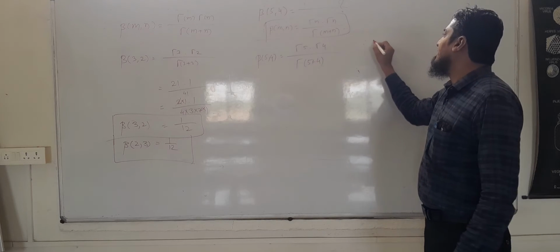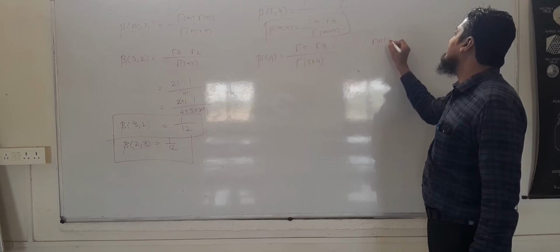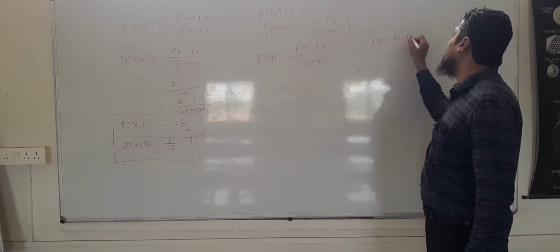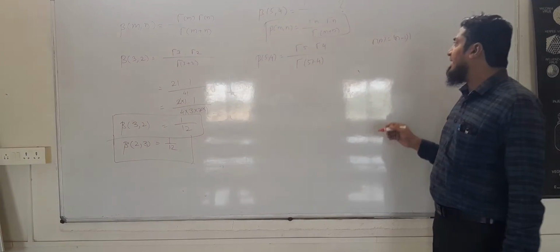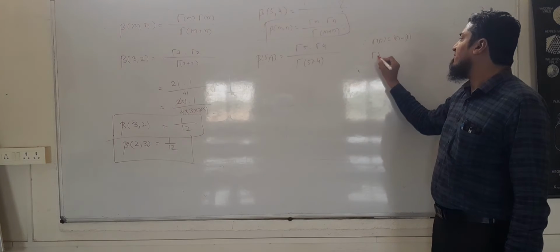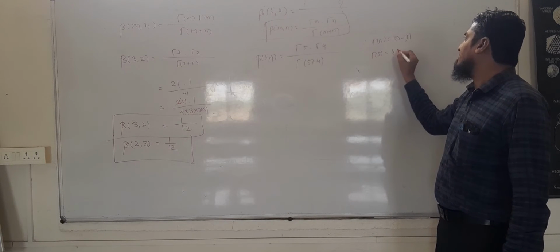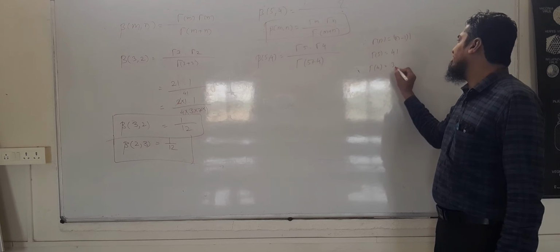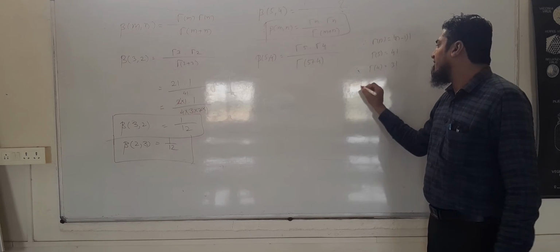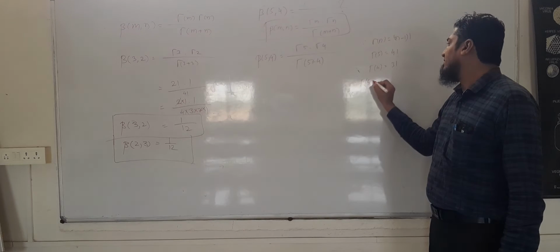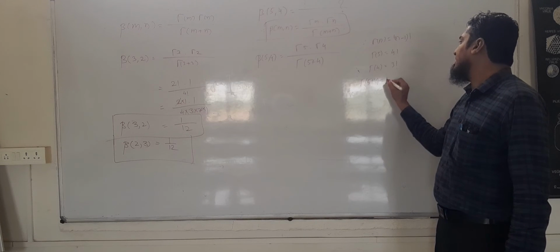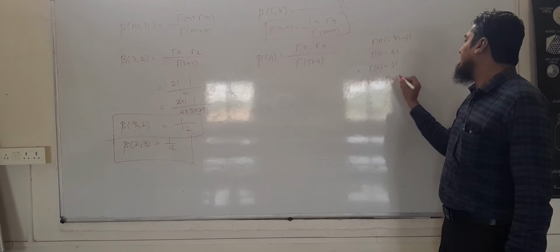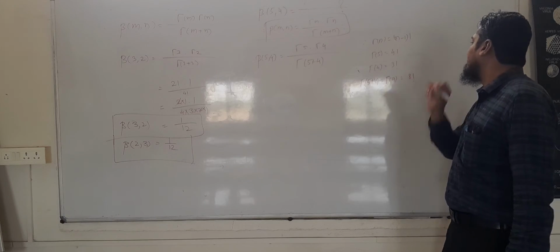Since gamma of n is equal to n minus 1 factorial for integer n, we can write gamma of 5 is equal to 4 factorial, while gamma of 4 is equal to 3 factorial, and for gamma of 5 plus 4, 5 plus 4 means 9, gamma of 9, and gamma of 9 is equal to 8 factorial.